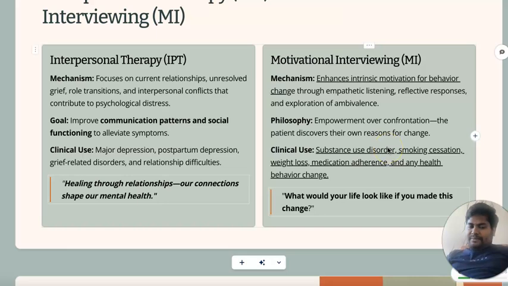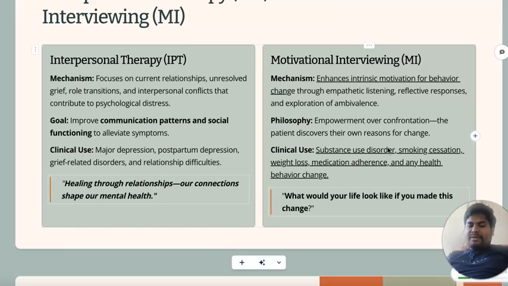Like, for example, in substance use disorder, the person will be feeling that he or she has a very bad habit now, and he wants to quit but couldn't quit, so he'll be in such phases. If he or she is in such phases, then we go with motivational interviewing, in which we enhance his motivation, because he has already started feeling that he wants to quit but he could not quit. So now we increase his motivation, saying, okay, you can do this.